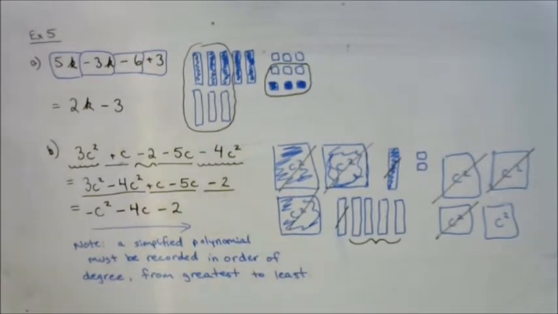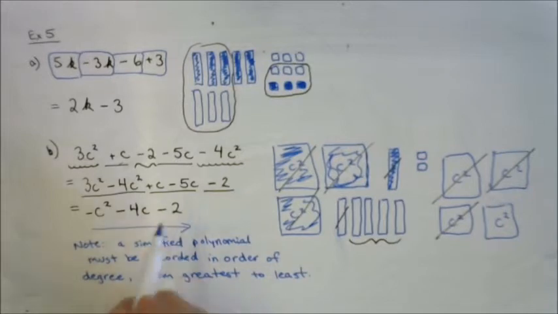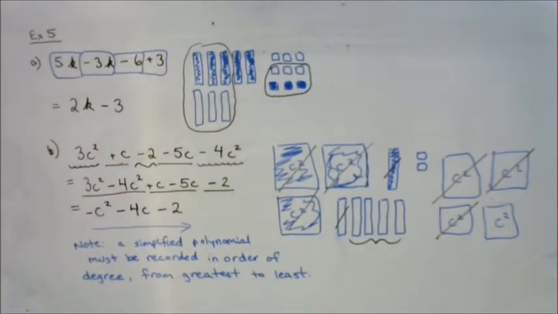So if you have a string of terms, x to the power of whatever, always start with the highest power of x first, and then the next, and then the next, and it'll all be lined up nicely in order. And your constant term, if there is a constant term, will always be at the end.